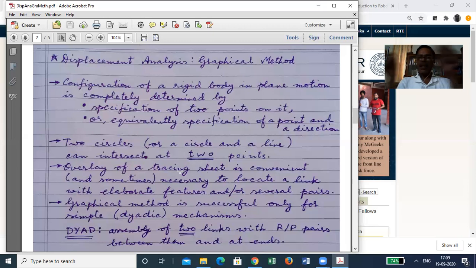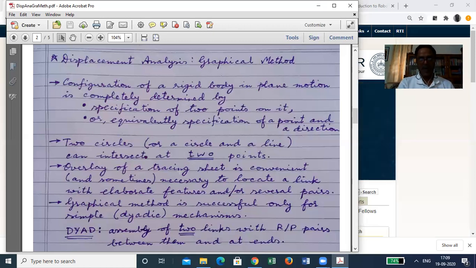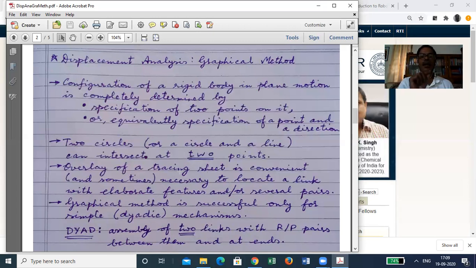Then take that tracing sheet and put it on your paper where you are drawing the configuration, in such a manner that those 2 points which you have already located, or that point and that direction which you have already located on your paper, that much at least coincides with the tracing sheet version.